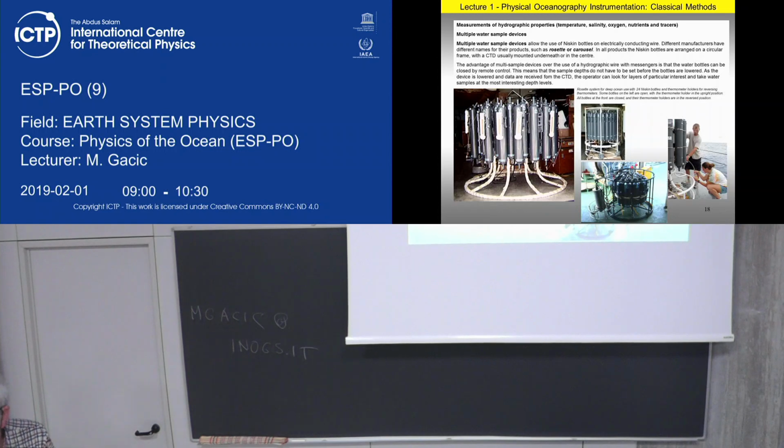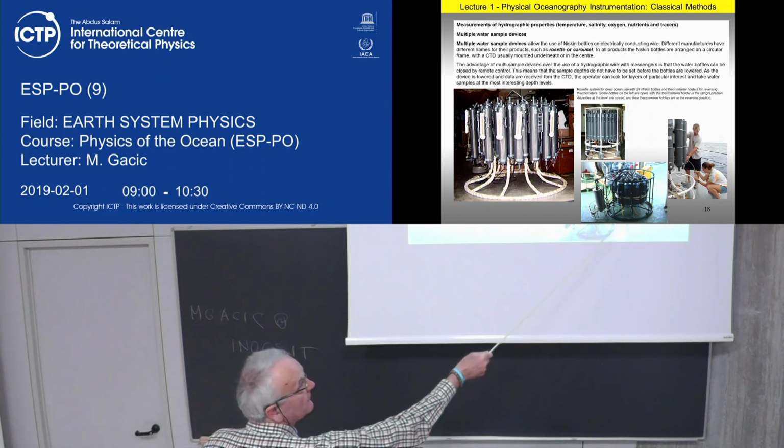And you can see that here there are still inverting thermometers. Why is that? Because the CTD measurements have to be compared or calibrated with respect to the absolute values obtained from classical measurements. So you have a certain number of depths, you have the temperature measurement by thermometer, and then you obtain the calibration curve if necessary.